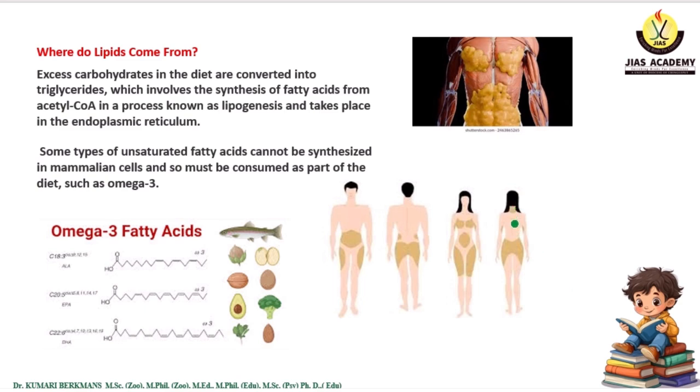So we must consume such a diet, that is called omega 3 fatty acid. These foods are the sources of omega 3. So we have to take omega 3 fatty acid because it is not synthesized by our body. Okay, so eat less carbohydrate. If you are eating more carbohydrate, that will be converted into fat and stored in different areas of your body.